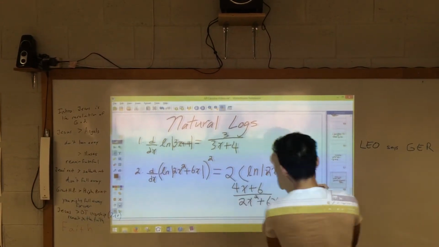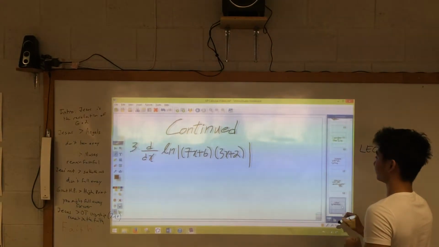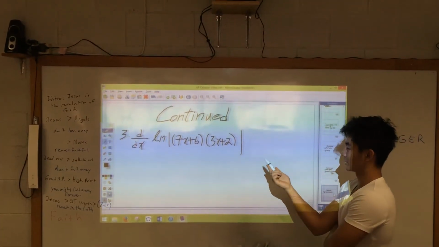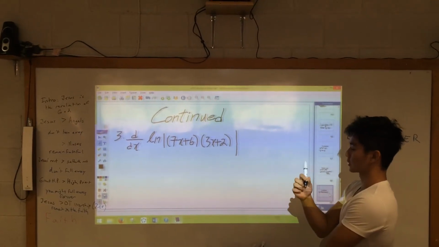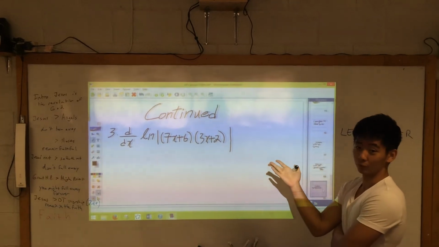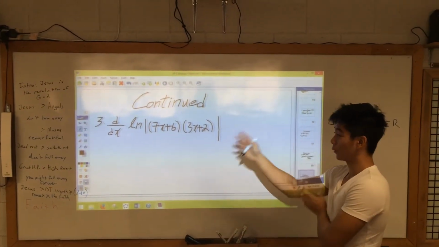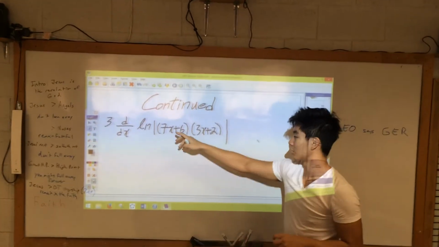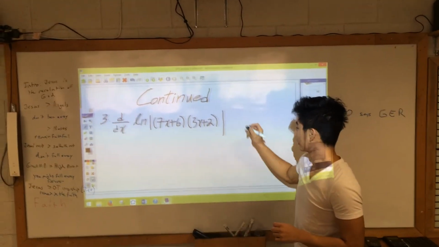Okay, now for the last example. What is the derivative of ln((7x + 6)(3x + 2))? Well, you could follow the product rule, but there is an easier way when it comes to the multiplication of different functions within ln.